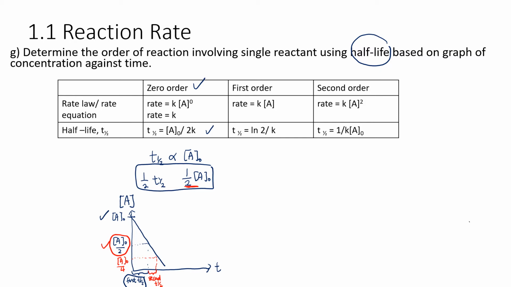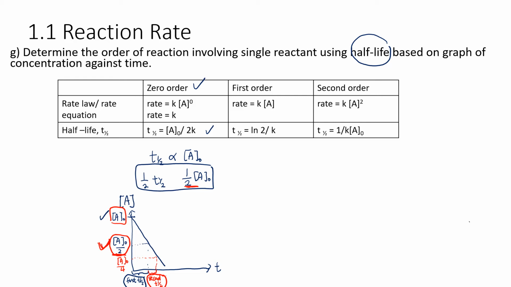And can you see that the value of the second half-life is actually half of the first half-life, because for the second half-life, the initial concentration is half of the initial concentration of the first half-life. So this is the feature for zero order reaction.